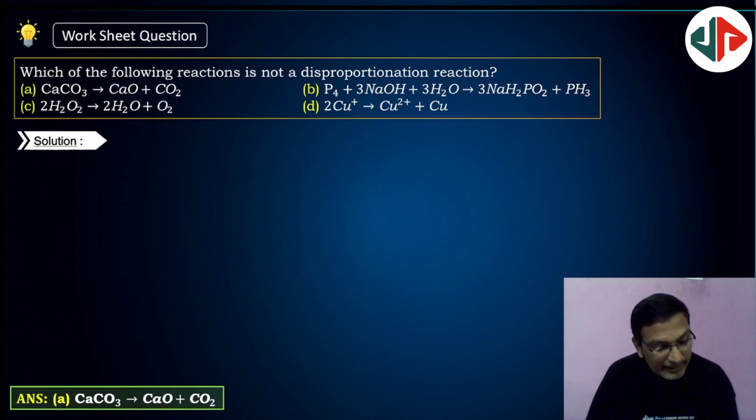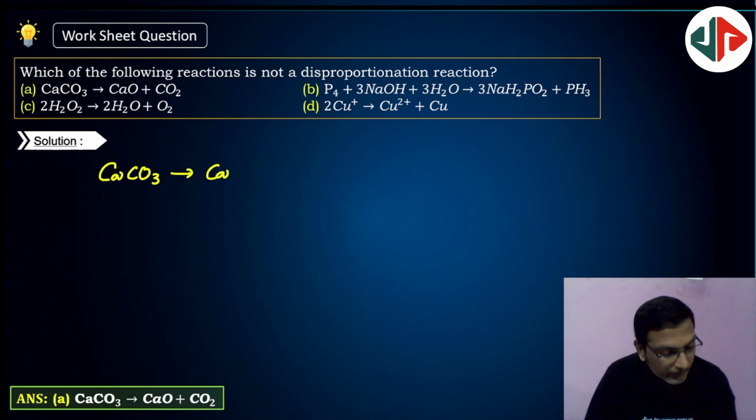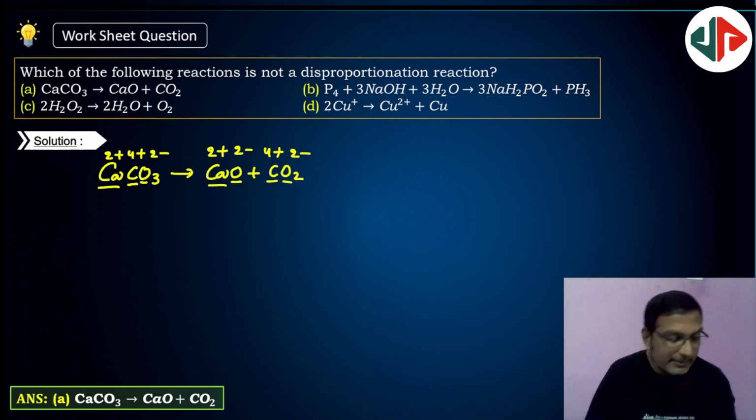So which of the following is not a disproportionation reaction? Here take CaCO3 changes to CaO plus CO2. The Ca state 2 plus, carbon state 4 plus, oxygen state 2 minus. Next here again Ca 2 plus, O 2 minus, carbon 4 plus and oxygen 2 minus.